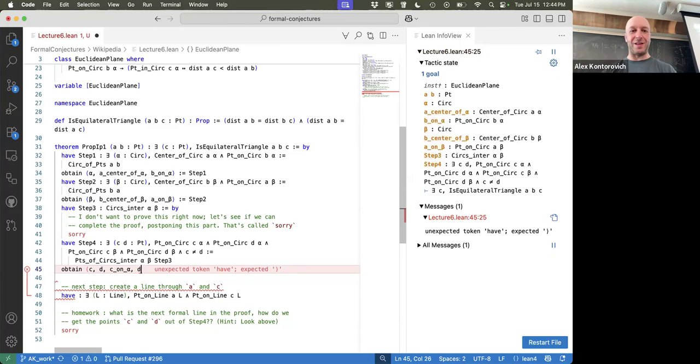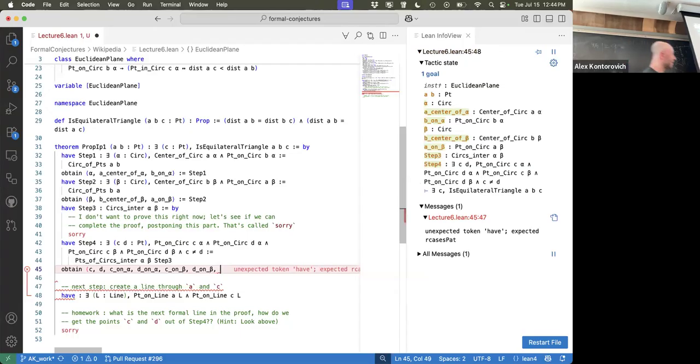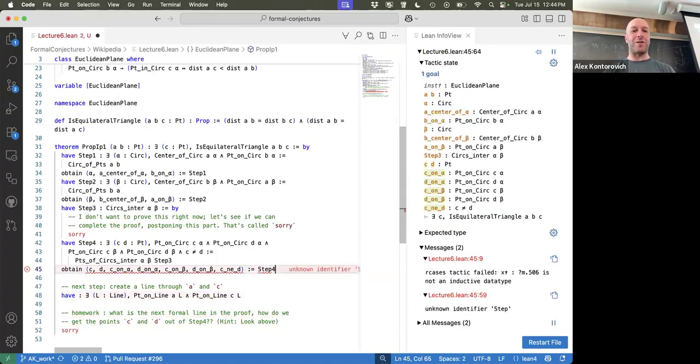So now we're going to say D on alpha, then C on beta, then D on beta, and then there's one more piece of information. C and D are not equal to each other, we can call that C not equal D. C is not equal to D. And we can obtain all of that from step 4.